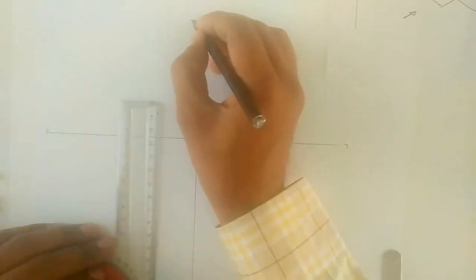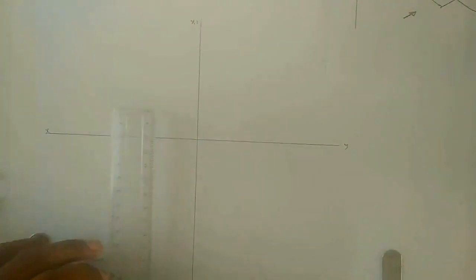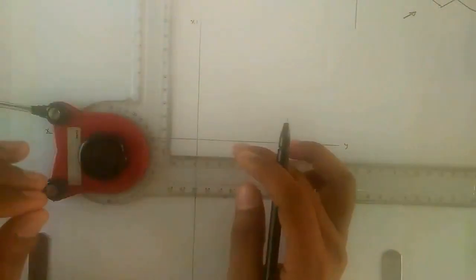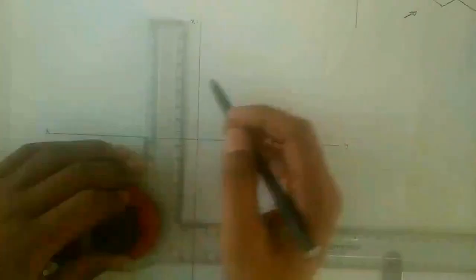X1, Y1. Now I will skip 10 mm distance on each side of XY and X1, Y1 and I will draw parallel lines.